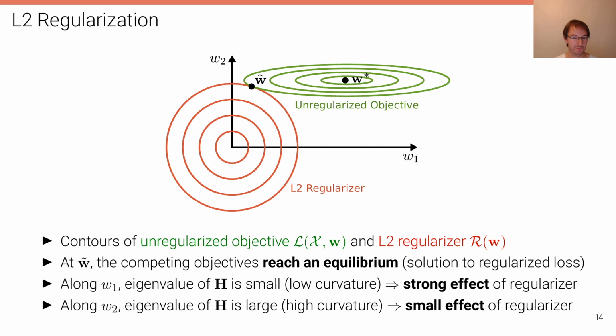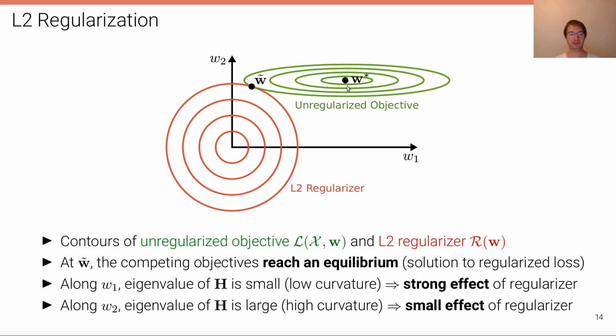What does this mean visually? Okay, let's look at a diagram like the one that we've seen before. We see here the contours of the unregularized objective in green again, and the L2 regularized in red. And we have this point W tilde, where the competing objectives of the regularization and the unregularized objective reach an equilibrium. This is the solution to the regularized loss.